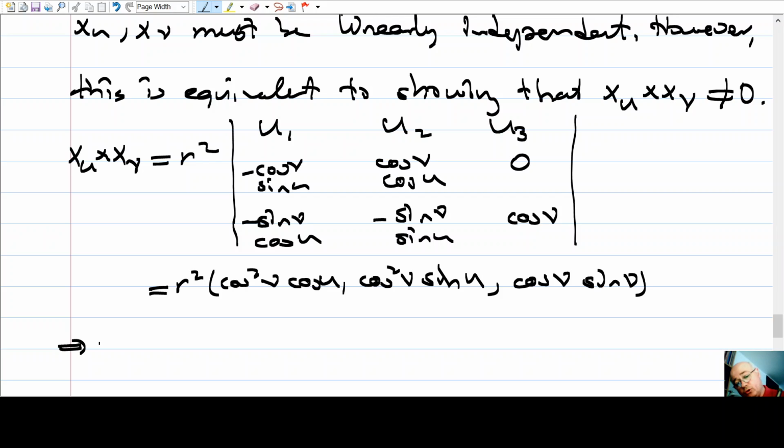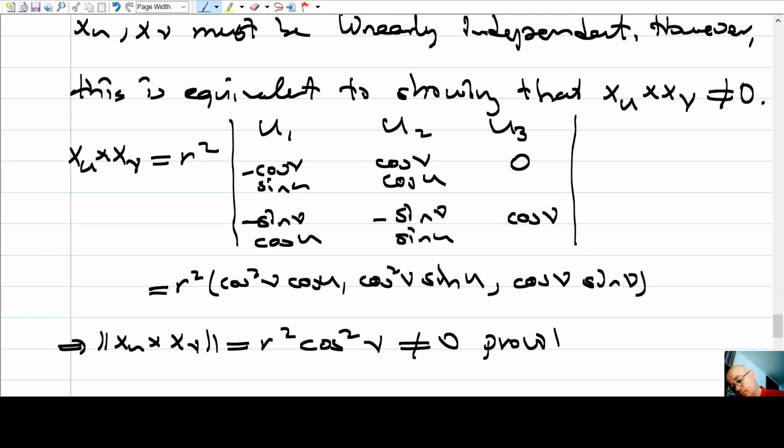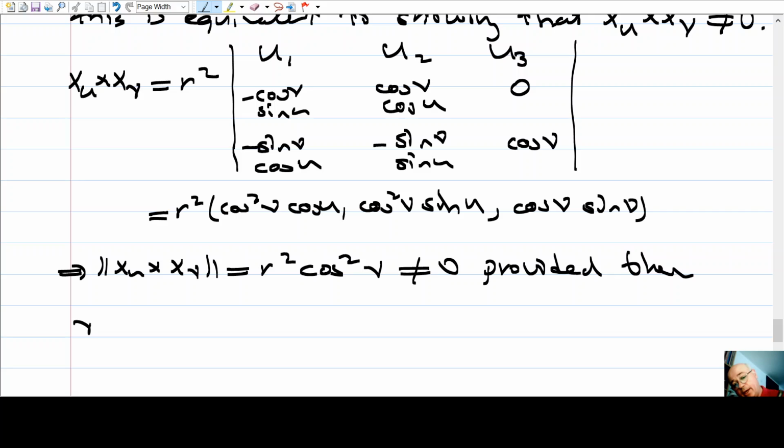If you compute the length of this vector, taking squares of the components, summing them up, and then taking the square root, you get r squared cosine v, and this is not zero, provided that the angle v is between minus pi over 2 and pi over 2.